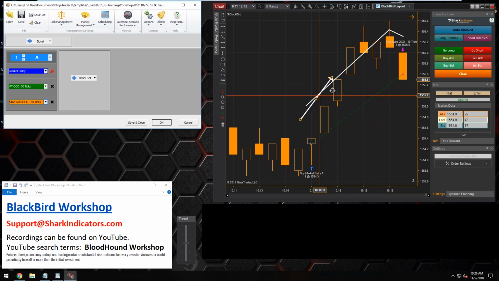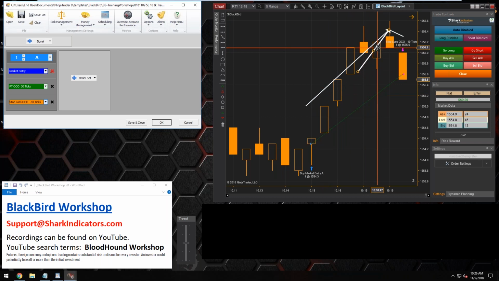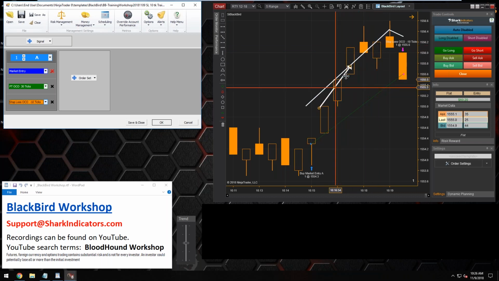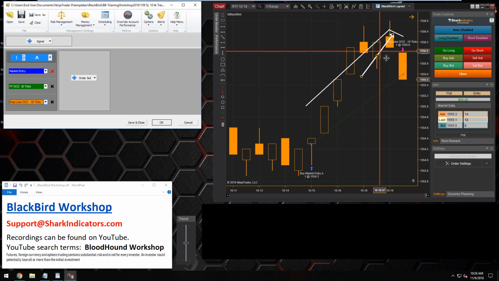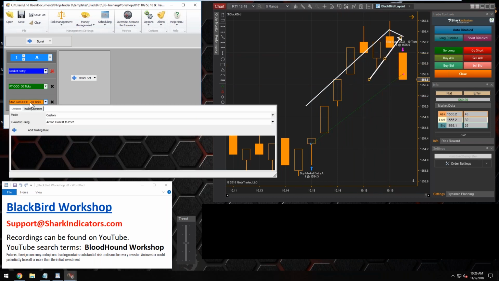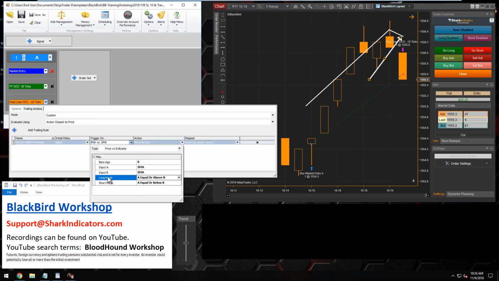For a long trade, instead of the SMA going higher and higher, we're looking for it to start going lower. So we want A to go below B, or A less than B. And for the short mode, it's simply the opposite.